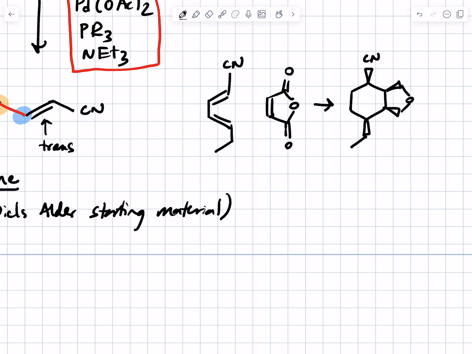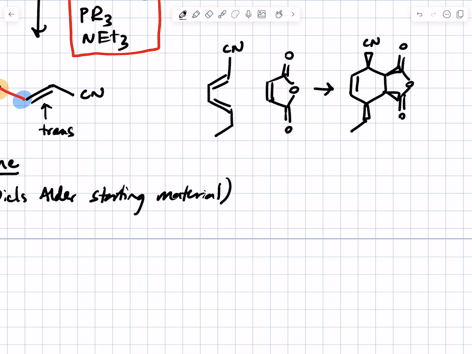And I'm clearly not writing a Diels-Alder question on my final exam, but I can pretty well guarantee that it would be on an ACS exam because that's an important reaction. So you may want to go back and review what you learned about the Diels-Alder reaction, especially about the stereospecificity of it.